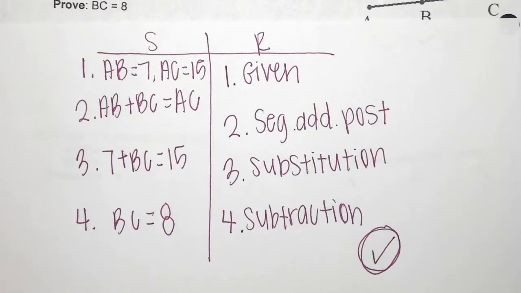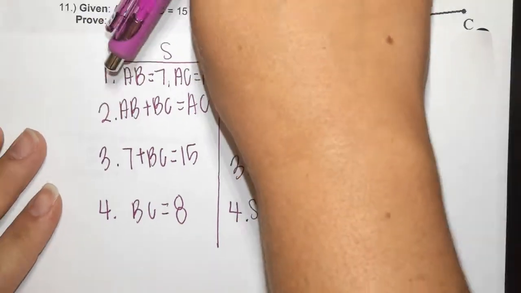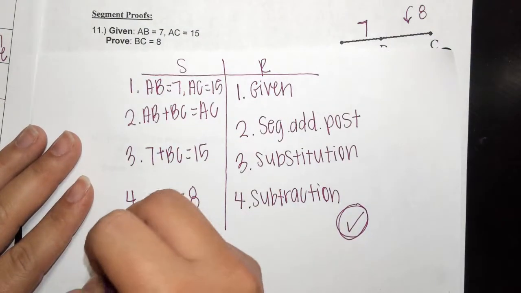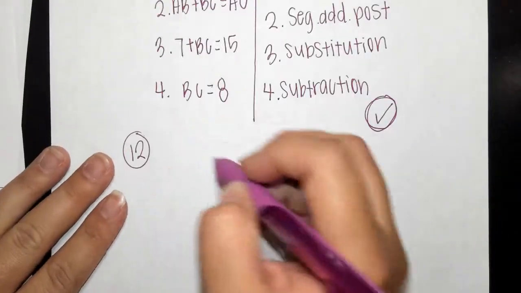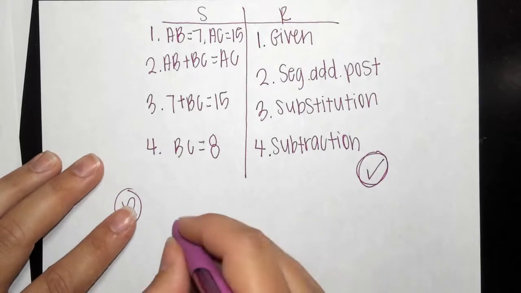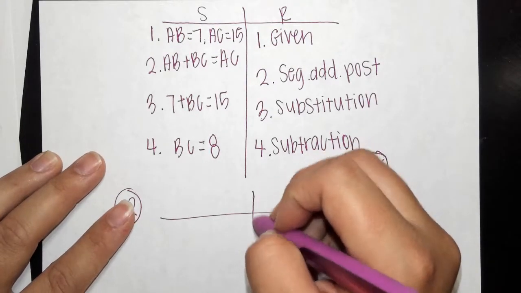Okay, I'm going to help you get started with 12. Then you're going to finish it and finish 13, and you can pack up. Okay. Here we go. 12. What does it say on 12? What are you given? B is the what?